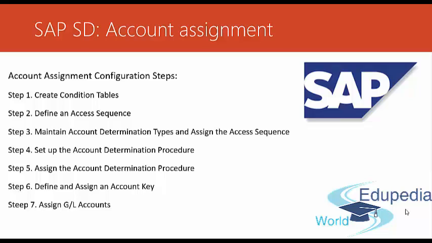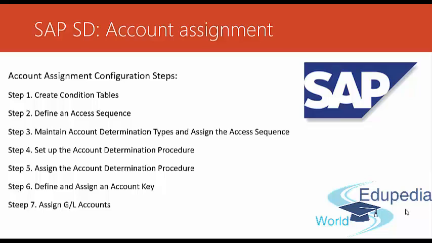Now we will take a closer look at the account assignment configuration steps. First step, create condition tables. Second step, define an access sequence. Third step, maintain account determination types and assign the access sequence.